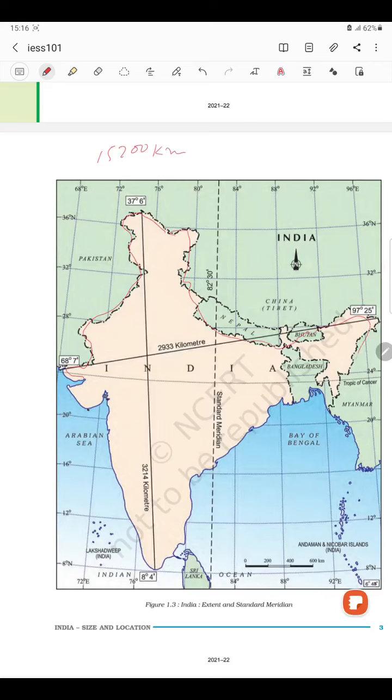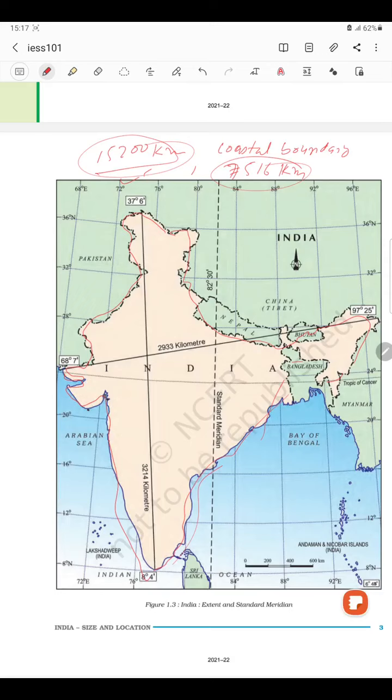And its coastal boundary length is 7,516 kilometers. These are the coastal length and these are the land boundary length.